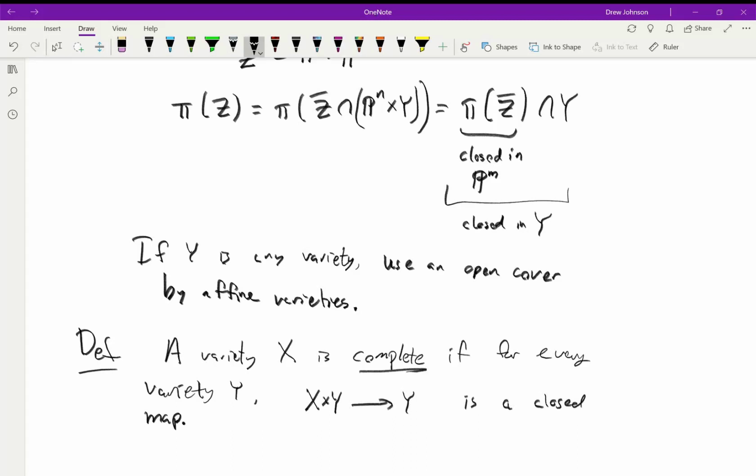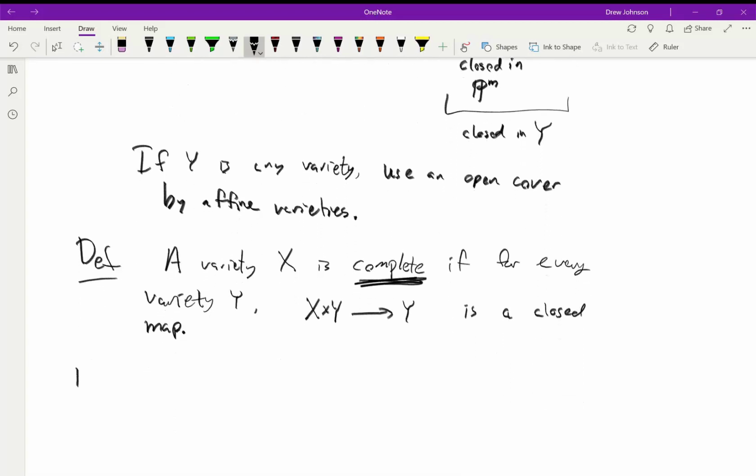All right, so this complete property is going to be our replacement for compactness. All right, so let's just summarize what we know so far. So we know that P^n is complete.